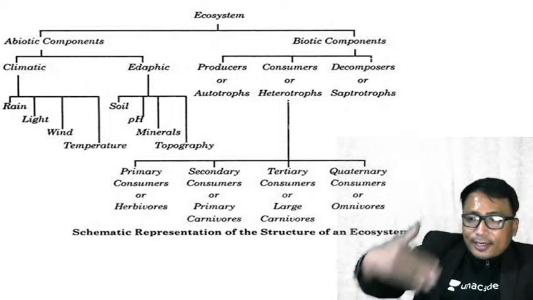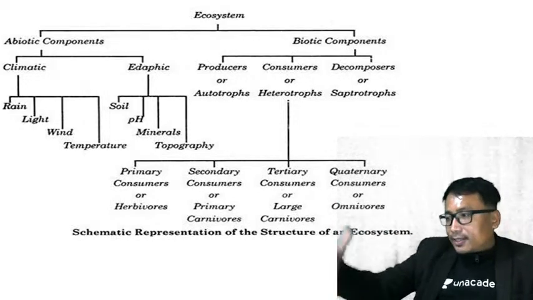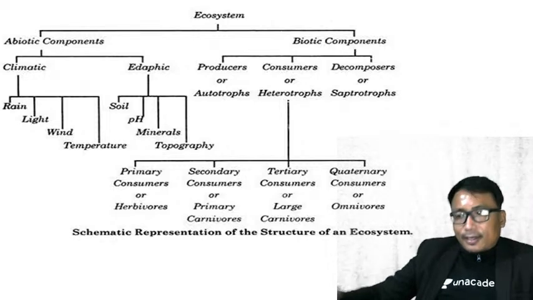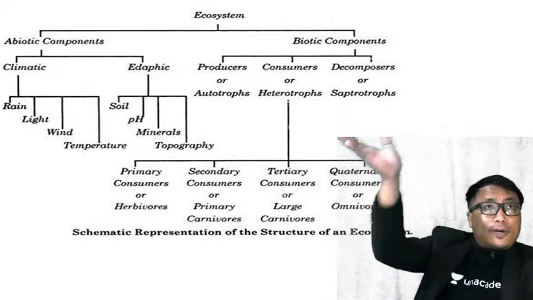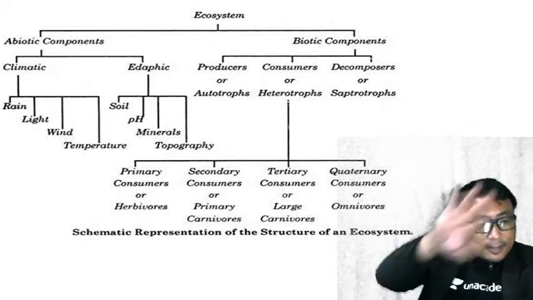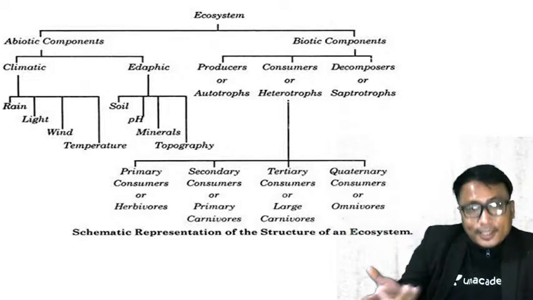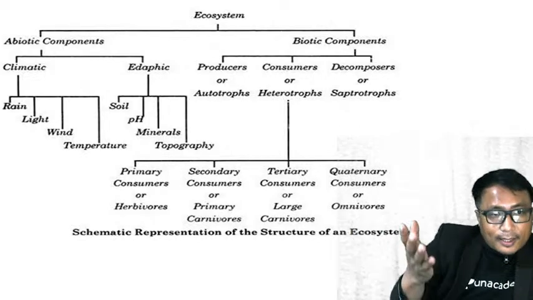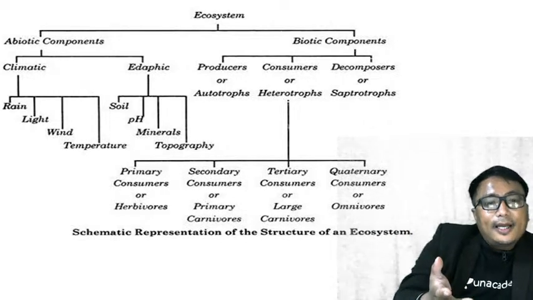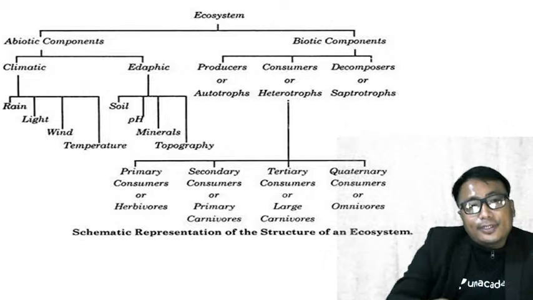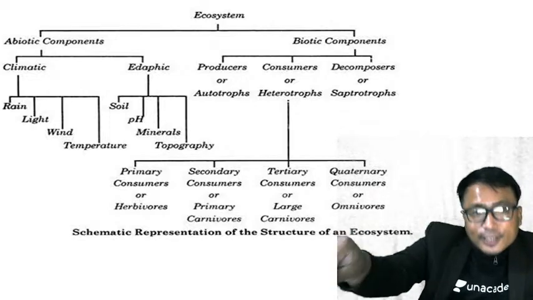When you are interacting with the surroundings, it is nothing but the abiotic component. Surrounding is the land area, that is the soil characteristics, and the air or the atmosphere, that is nothing but the climatic conditions. Therefore, under the ecosystem structure, number one is abiotic component. Under this, I have climatic condition. Under this climatic condition, I will see what the rainfall pattern is like in this particular location.